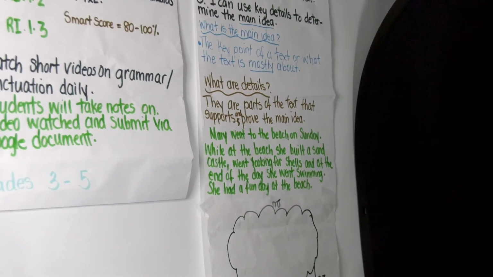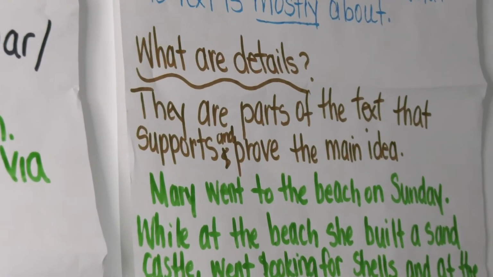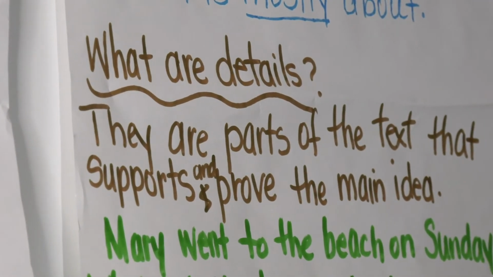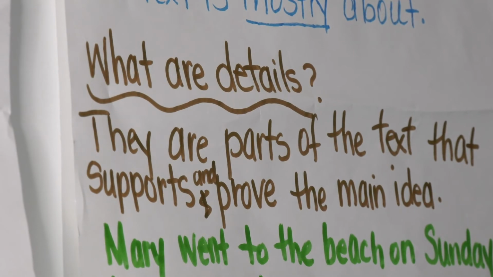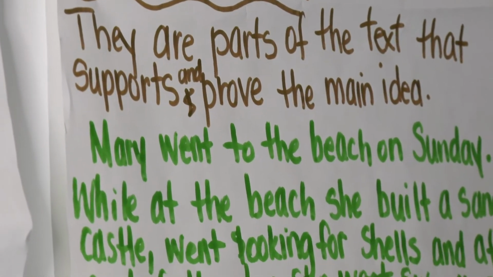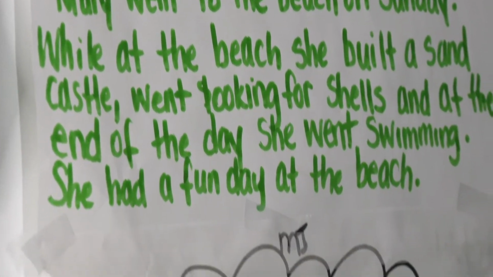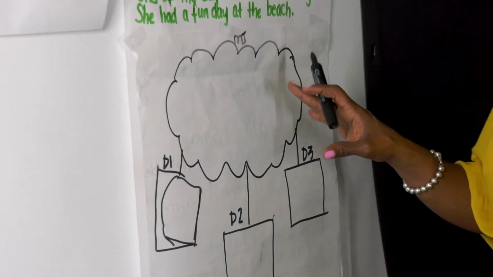Keep in mind, the main idea is the big idea or the key idea of what or who the story is mostly about. Okay? Let's go ahead and do this one here. I made an anchor chart here, and I know you guys are so familiar with this anchor chart. You're so accustomed to seeing this when we're getting ready to learn about the main idea and key details.